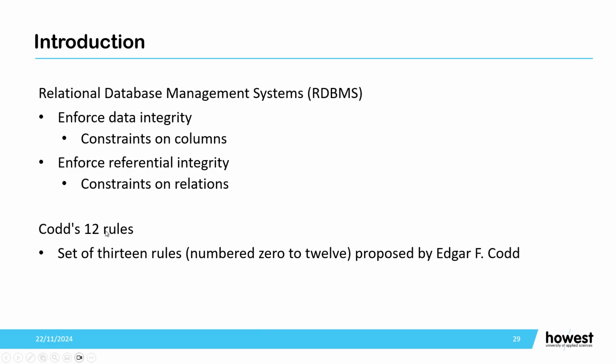And he also set up some rules for them to make sure that if you want to have a relational database management system, then make sure that those 12 rules are correct. And if those are all fulfilled, then you can call yourself an RDBMS. So it's called Codd's 12 rules, but actually it's 13 rules because he was a real programmer at the end, and he just started counting from 0. So you have rule 0, 1, up until 12. So in total, you have 13 rules.